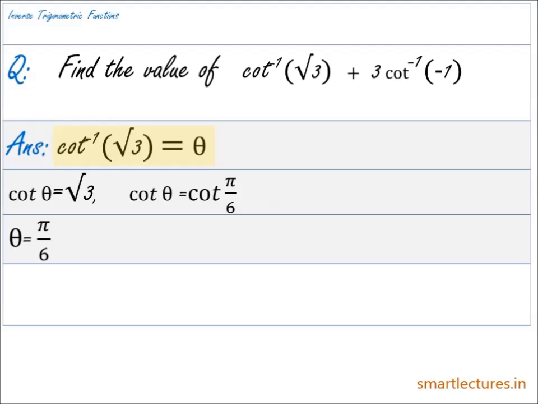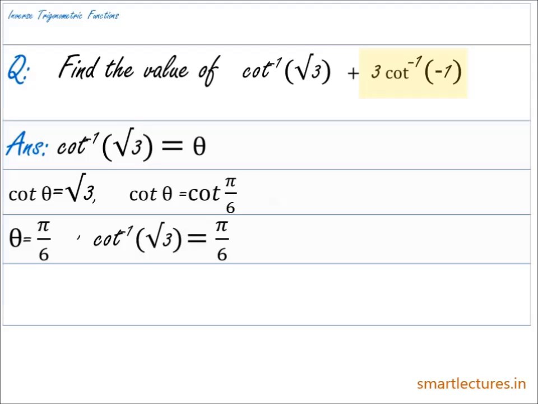So we can write cot inverse under root 3 is equal to pi upon 6. So the value of first term is pi upon 6. And our second term is 3 into cot inverse minus 1. Now let's find out the value of cot inverse minus 1.